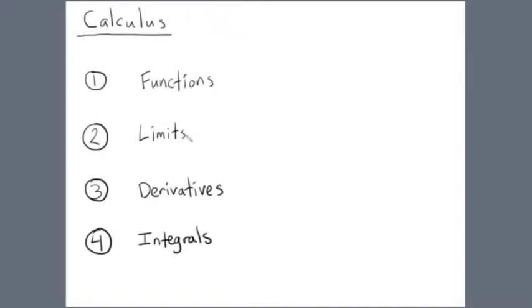And then the second part of calculus is the main new thing that makes calculus what it is, and that's the limit. So we'll see what limits are and why they're such a great tool for doing things that couldn't otherwise be done. Just to give you a little hint, limits are about infinity.